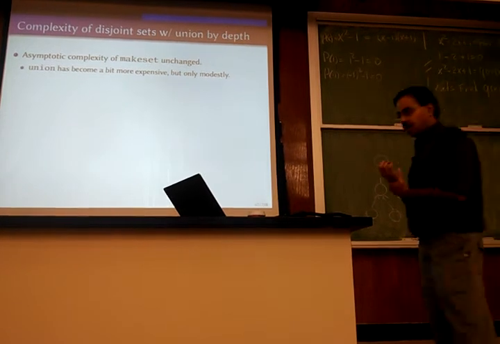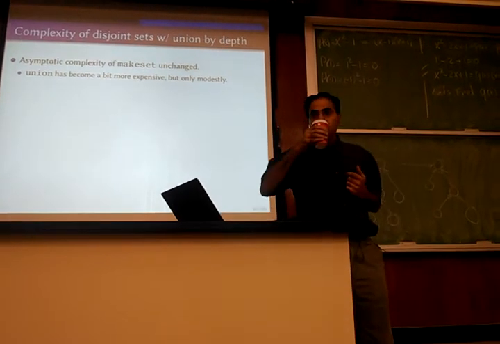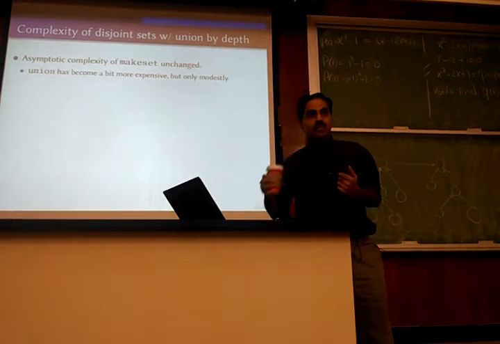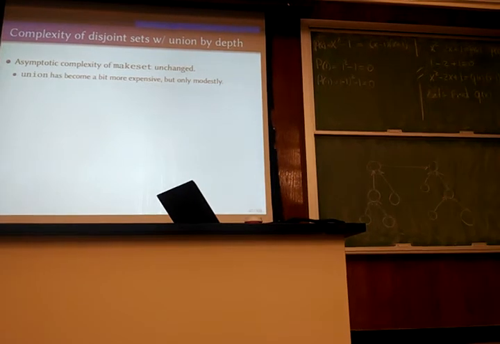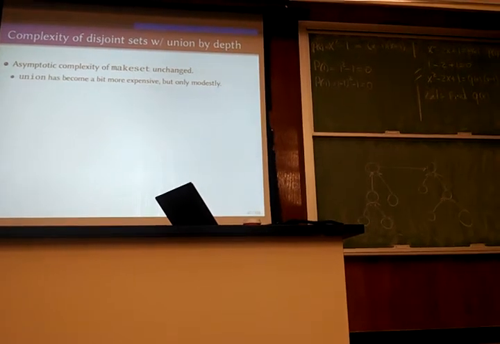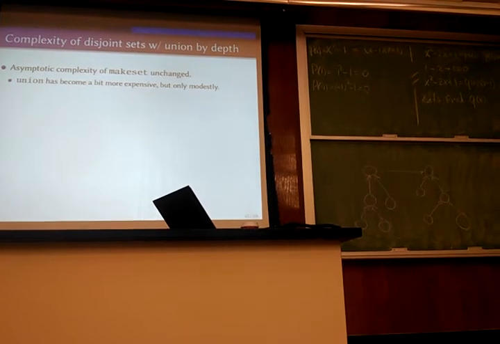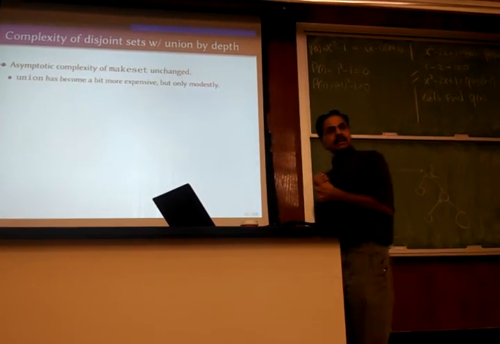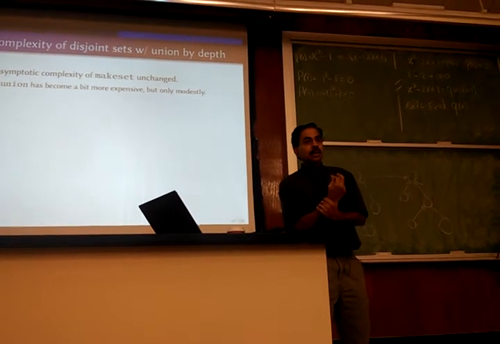So what did I do to the cost of find? So it will be O of 1. How can find become O of 1? Because for each node we are just maintaining one representative node.